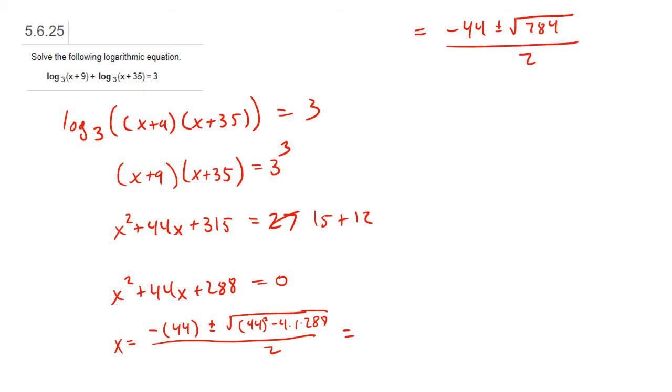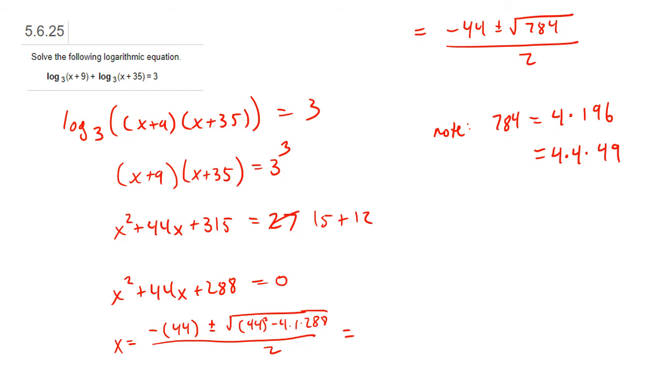Now, rather than just get a calculator approximation, let's actually see if we can't simplify this radical. So 784 is divisible by 4. It's 4 times 196. 196 is also divisible by 4, leaving behind 49.